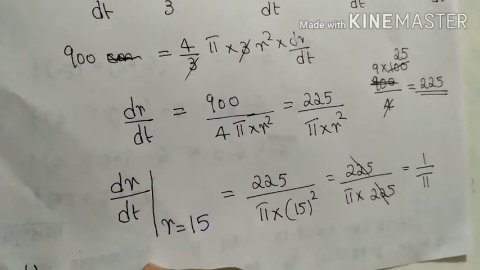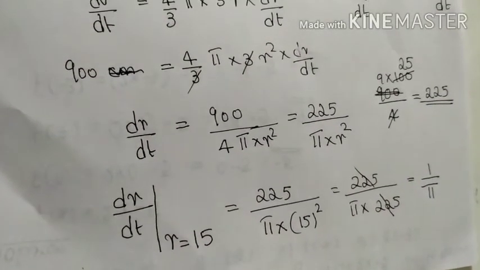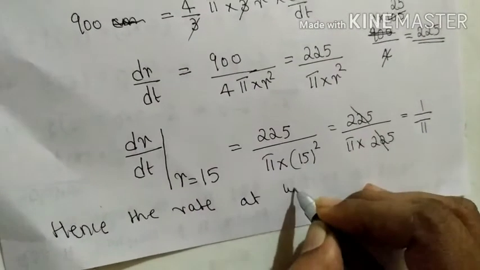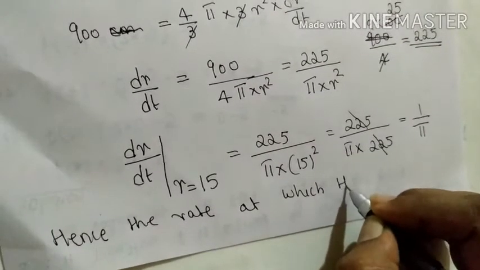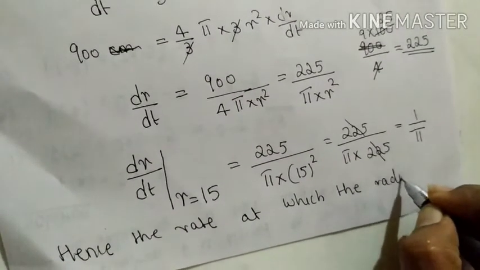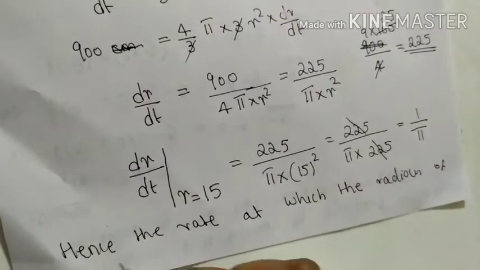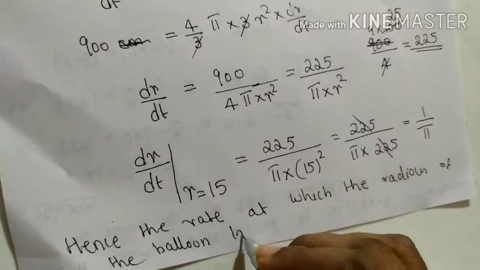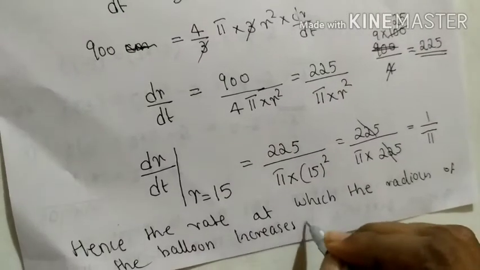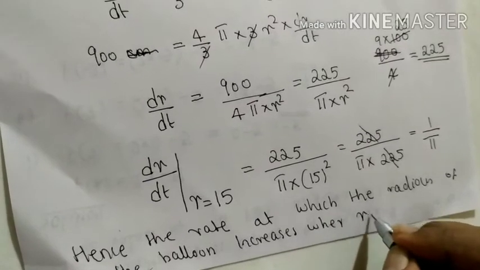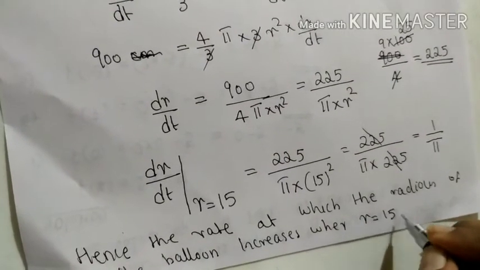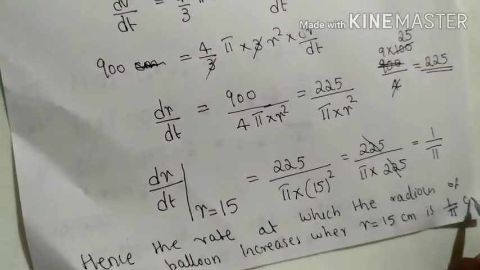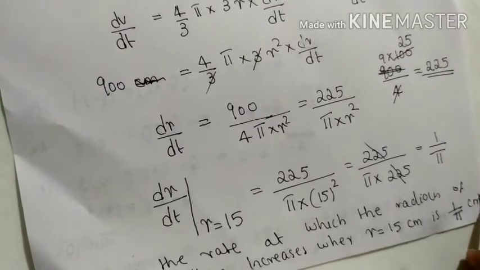Hence the rate at which the radius of the balloon increases when radius is 15 centimeter is 1 by pi centimeter per second.